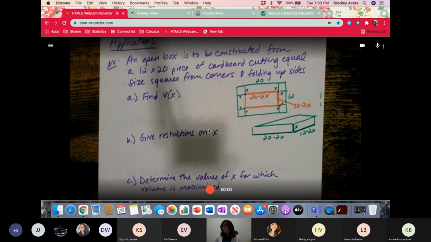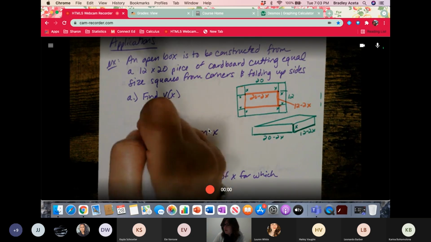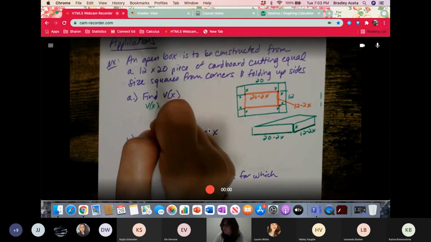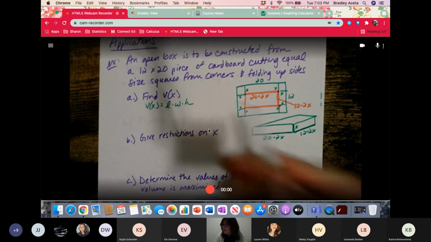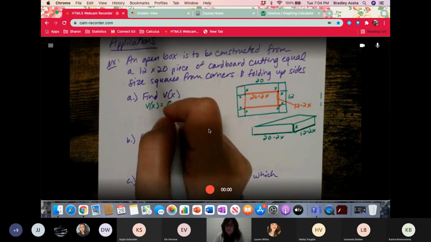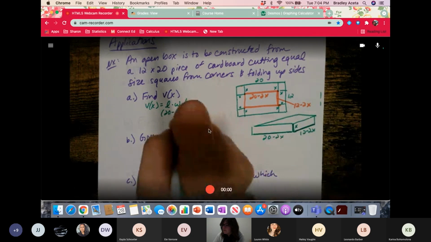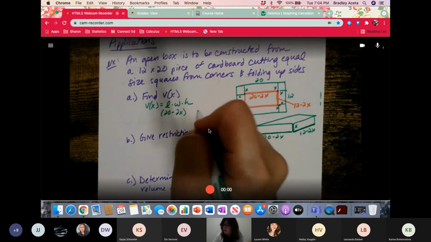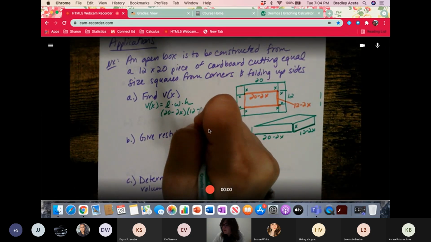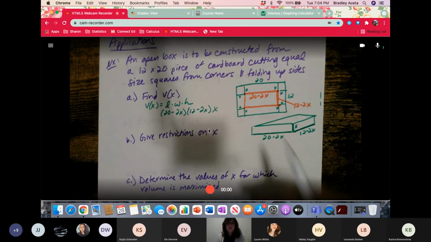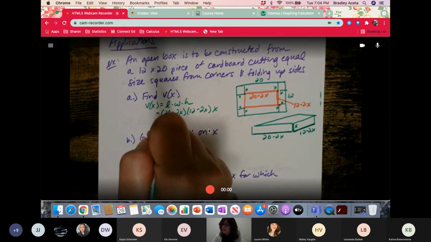So the first question will be, okay, find the volume. Well, volume is easy. It's just length times width times height. So length times width times height would be 20 minus 2X times 12 minus 2X times X. Now, yes, you're going to have to FOIL it.